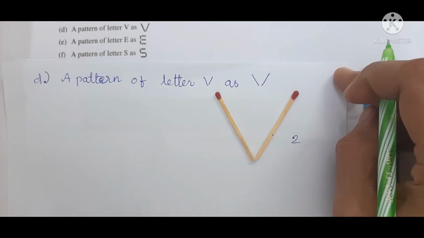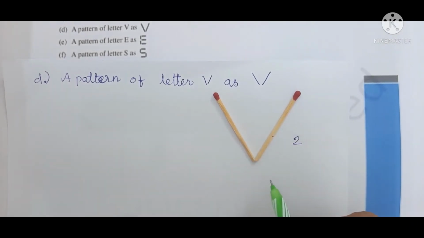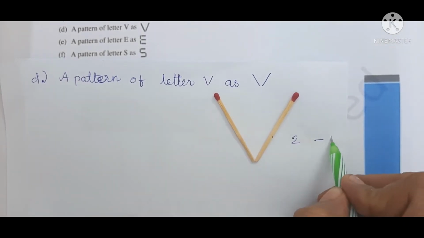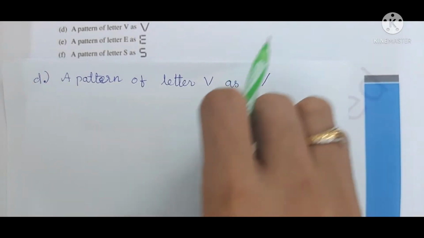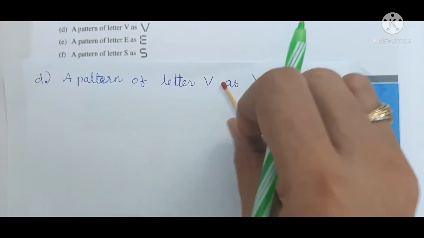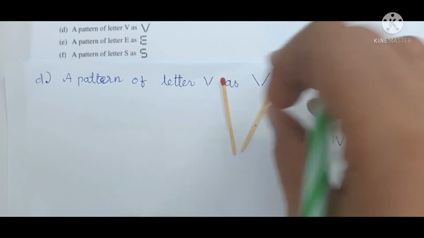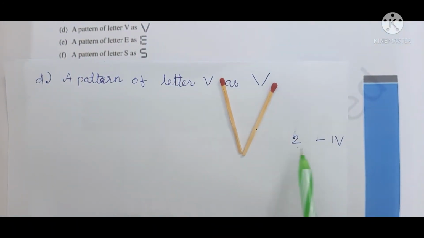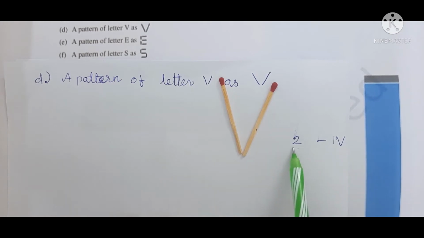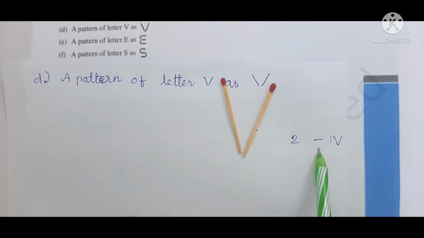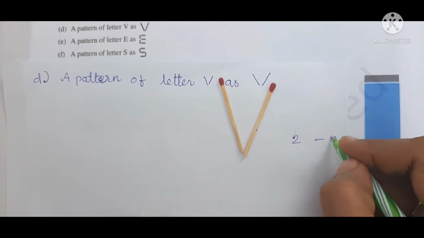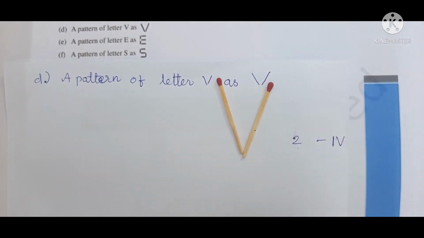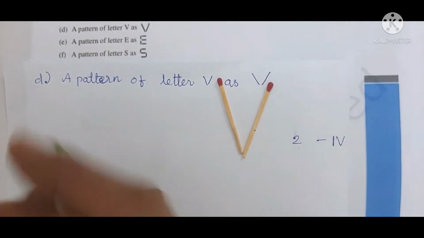So how many V's are formed? 1 V. Okay. So we need 2 matchsticks for making 1 V.